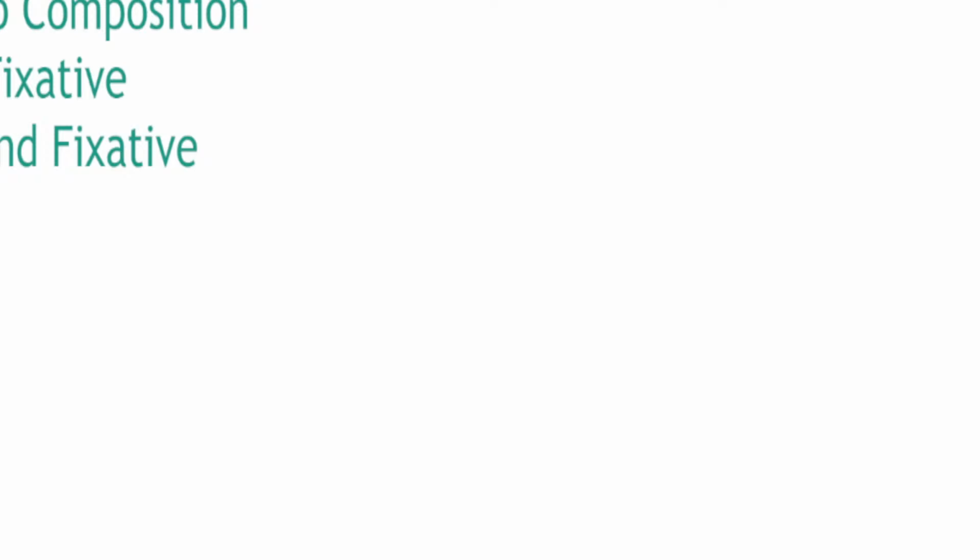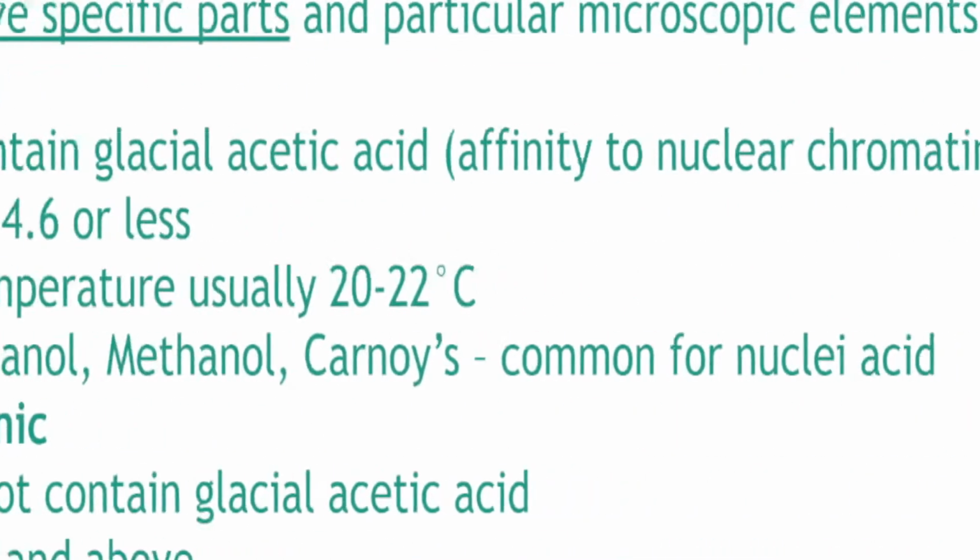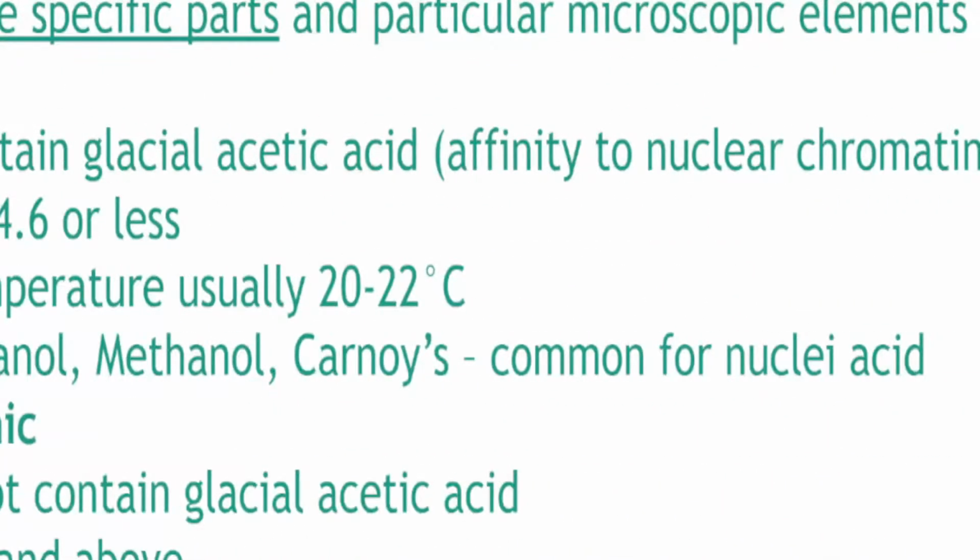Now, there are types of fixatives. According to composition, we have a simple fixative, which is just one fixative, add tissue. Compound fixative is like two types of fixative at once. Now, according to action, we have two types, microanatomical and cytological. Microanatomical, from the name itself, you're dissecting something from the microscopic level.